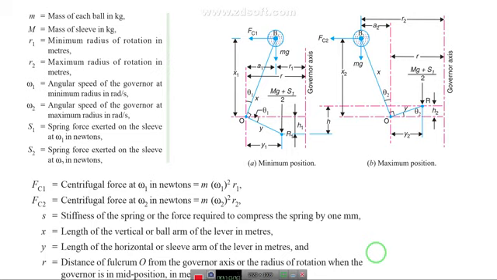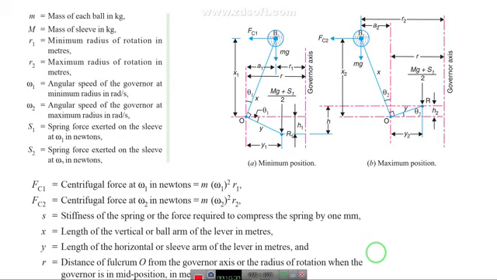Now coming to the centrifugal force, Fc1 is calculated as m omega 1 square into r1. Fc2, the centrifugal force at omega 2, also in newtons, is m omega 2 square into r2.